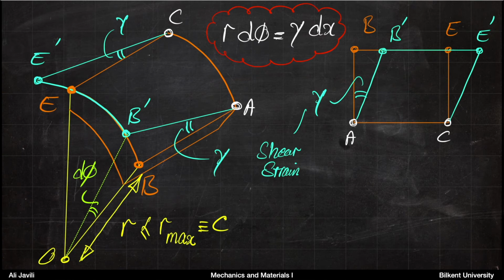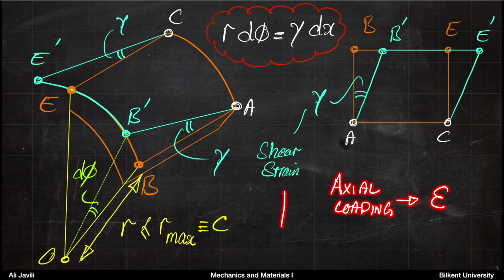To clearly show that the angle we called gamma is indeed shear strain: it's a torsion problem, and the type of strain you need for a torsion problem is shear strain. Compare this with axial loading, where the type of strain you needed was epsilon, the normal strain.